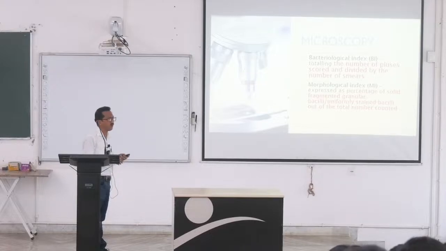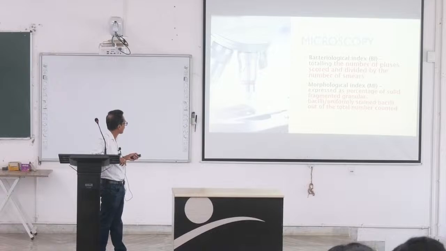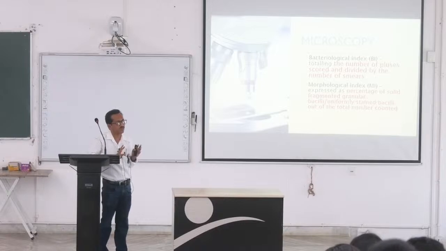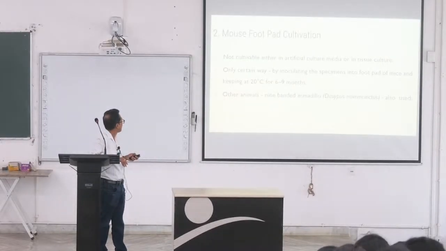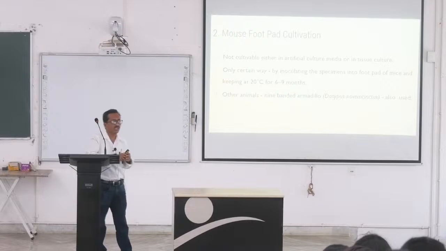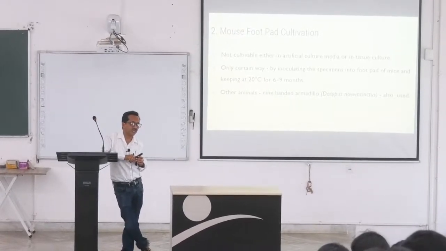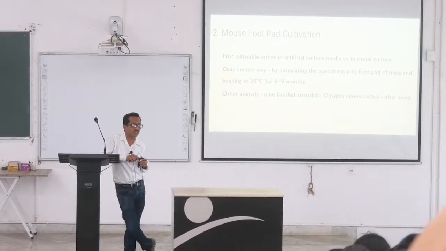So what is the morphological index? Uniformly stained bacilli divided by the total number of bacilli found. Now, in all bacteria we have talked about culture. So why didn't we talk about culture in the case of leprosy?